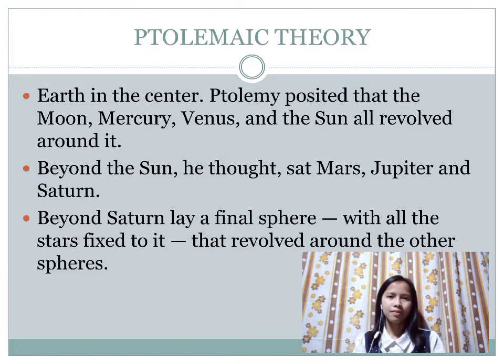With Earth in the center, Ptolemy posited that the Moon, Mercury, Venus, and the Sun all revolved around it. Beyond the Sun, he thought sat Mars, Jupiter, and Saturn, the only other planets known at the time as they were visible to the naked eye. Beyond Saturn lay a final sphere with all the stars fixed to it that revolve around the other spheres.